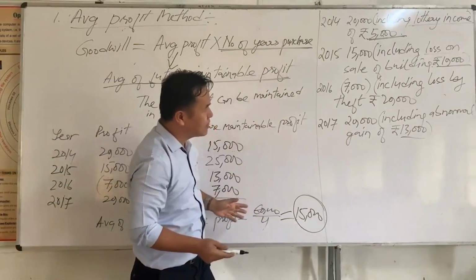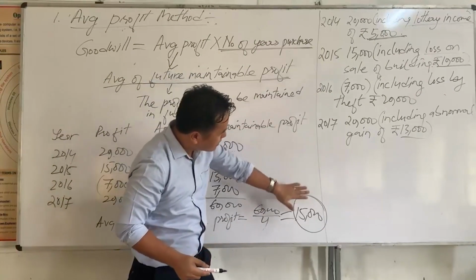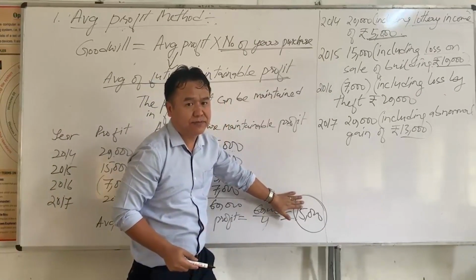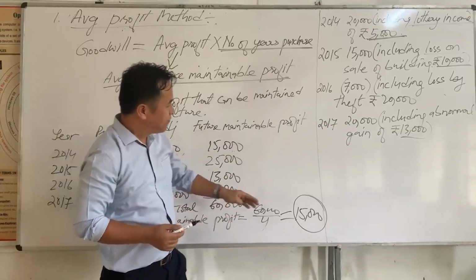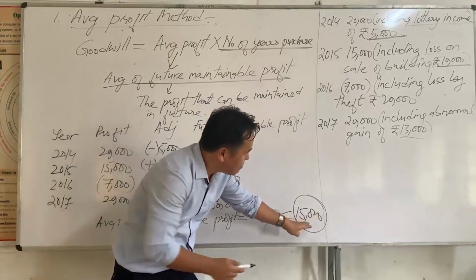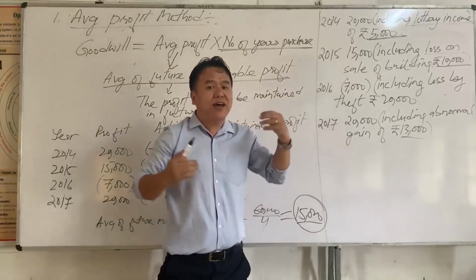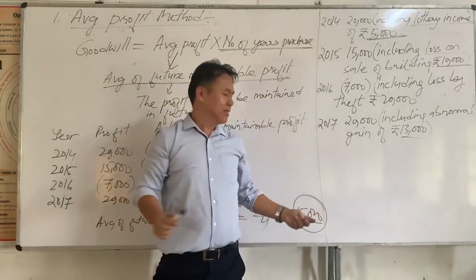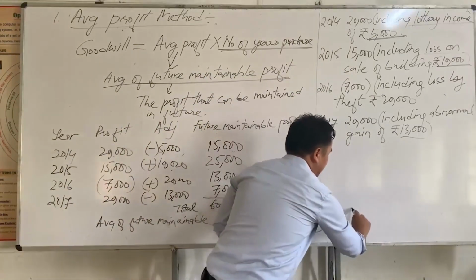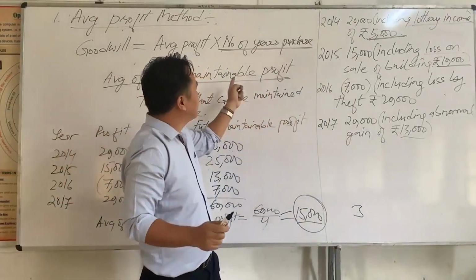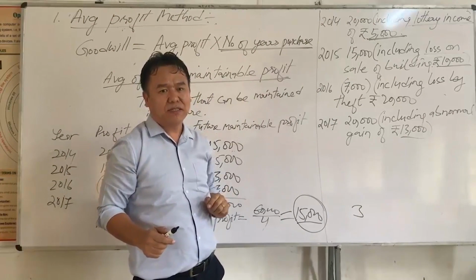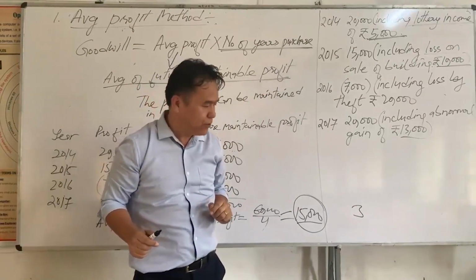For how many years the firm will maintain the same amount of profit. If we assume that the firm will maintain the same amount of profit for another 3 years, that 3 years is nothing but number of years purchase. Is that clear for you?